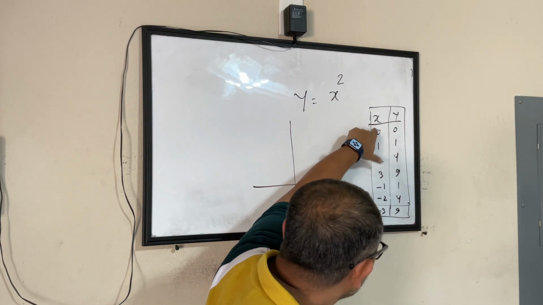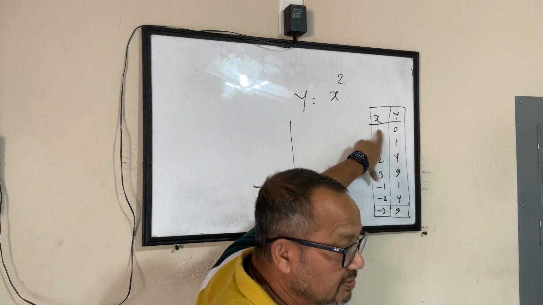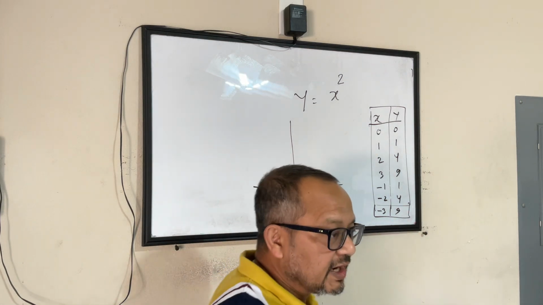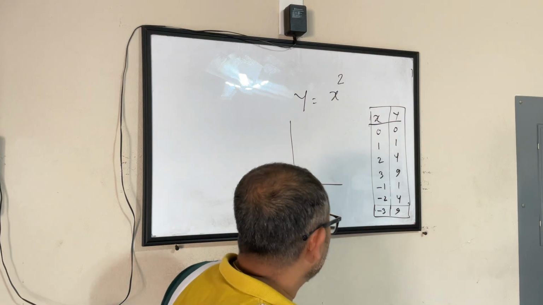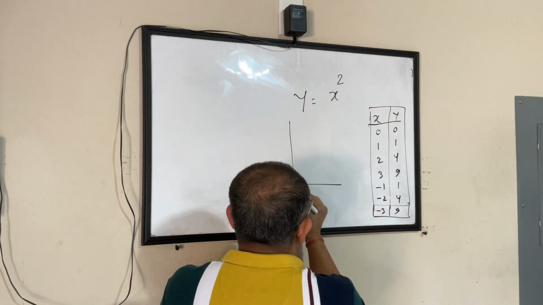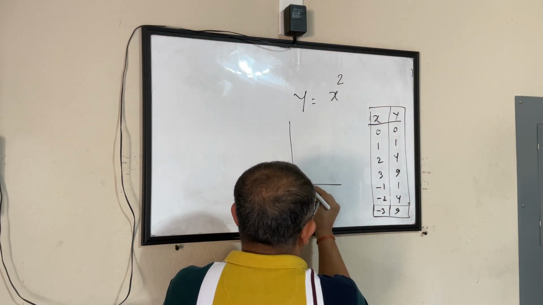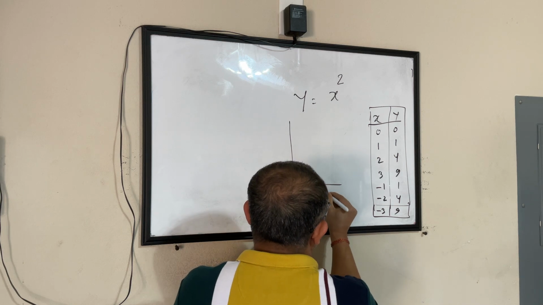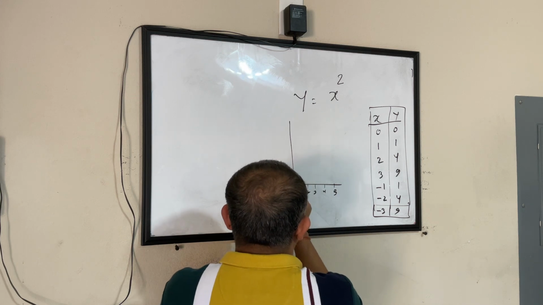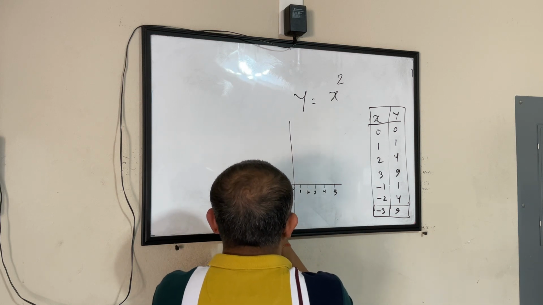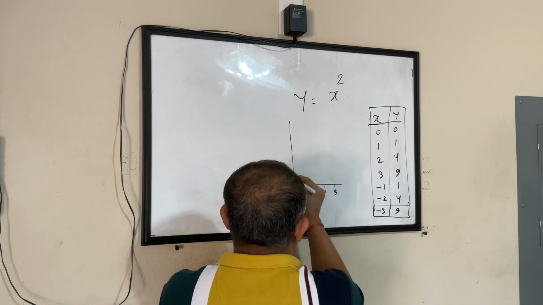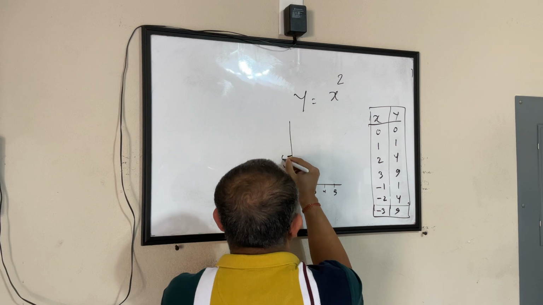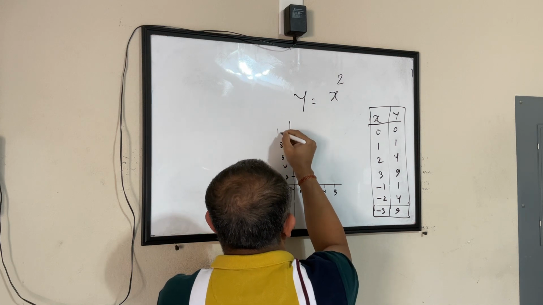So, if you look at this value combination and you try plotting that on a coordinate plane, let's say this is 0, 1, 2, 3, 4, 5, minus 1, minus 2, minus 3, minus 4, minus 5. And here I'll put probably 2, 4, 6, 8, 10.